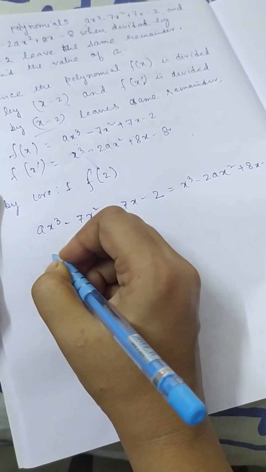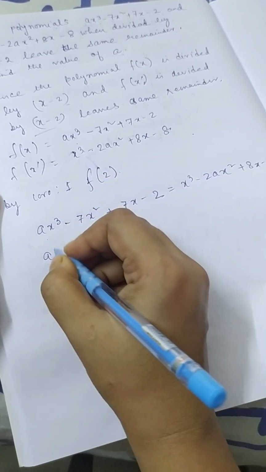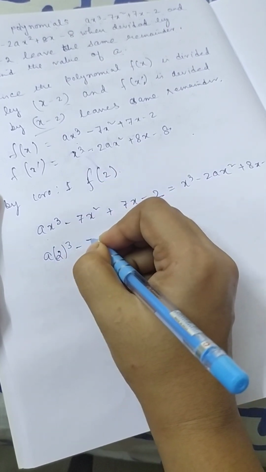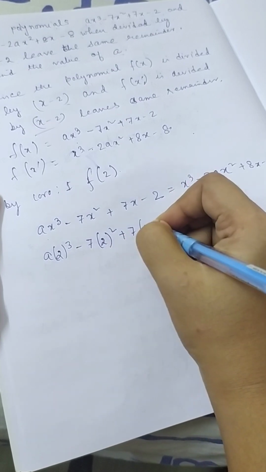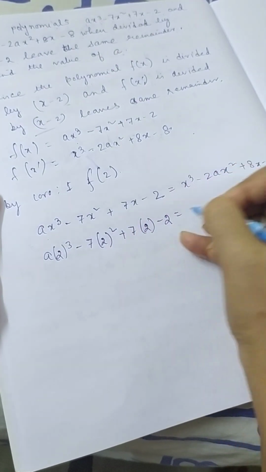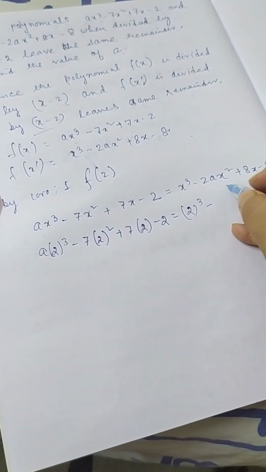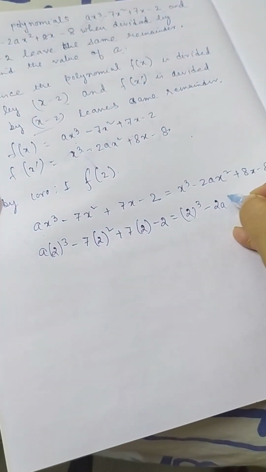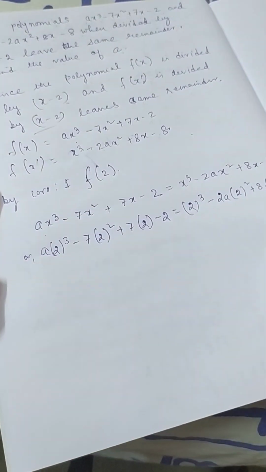So, here I will put 2 in the place of x: a into 2 cube minus 7 into 2 square plus 7 into 2 minus 2 is equal to 2 cube minus 2a into 2 square plus 8 into 2 minus 8, right?